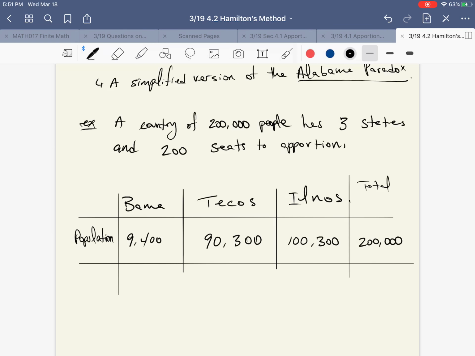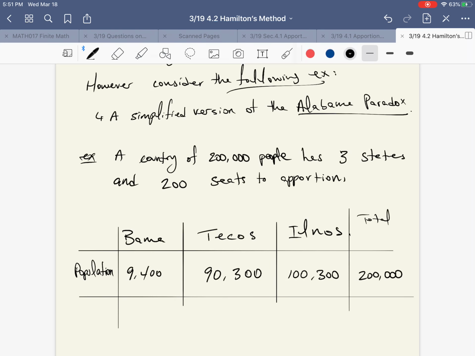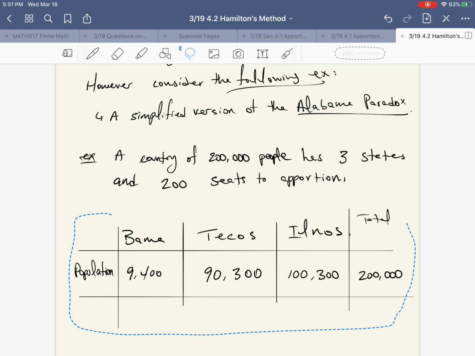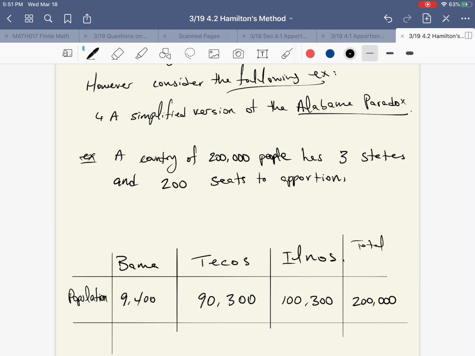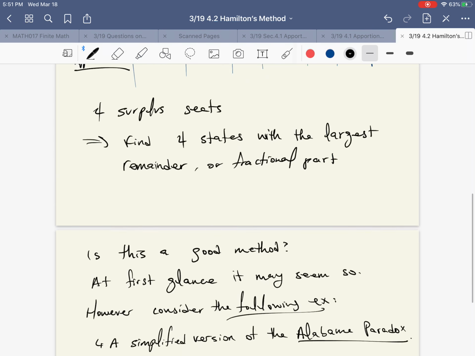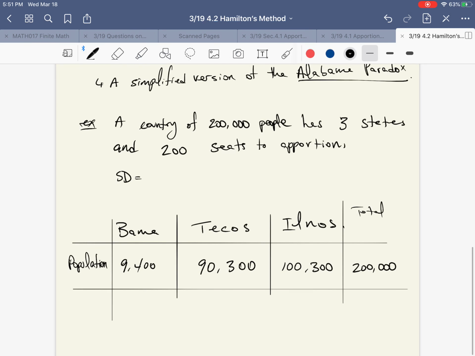Okay, so this should be pretty easy. So let's do some calculating again. What does that mean for our standard divisor? The standard divisor is the number of people which correspond to a single seat. If you remember, we calculated that by taking the total population divided by the number of seats.